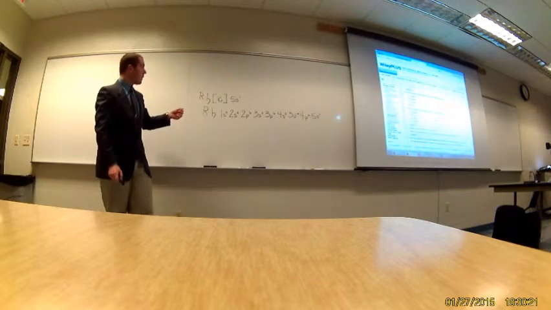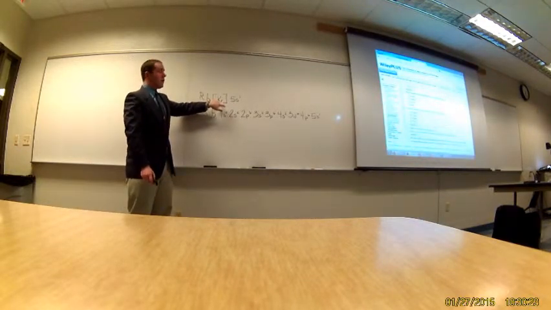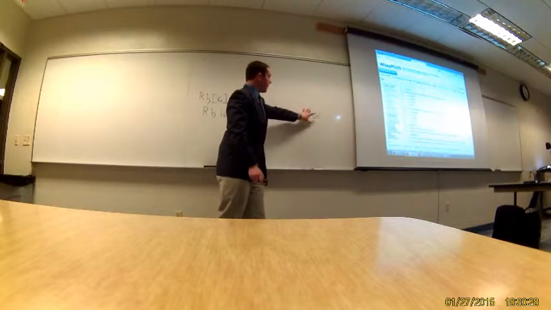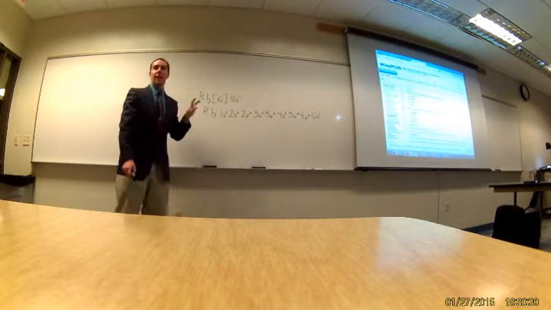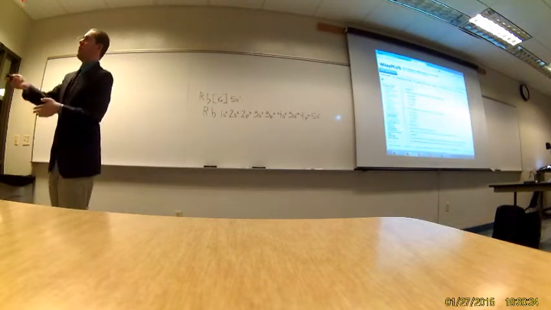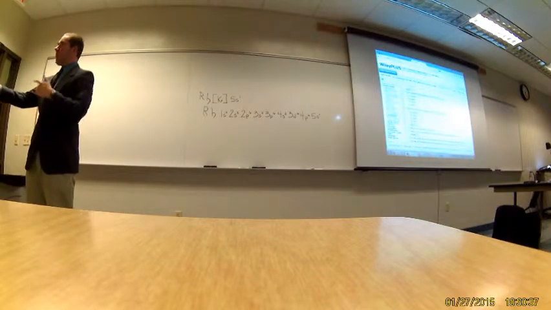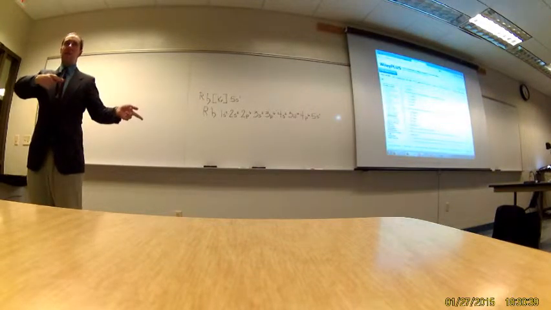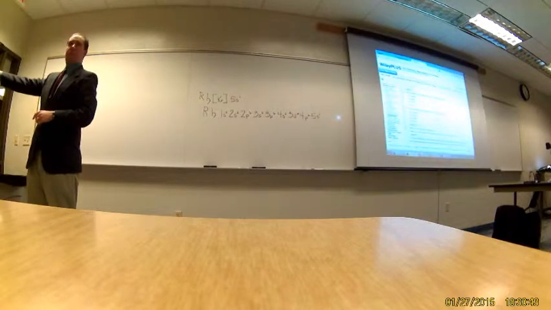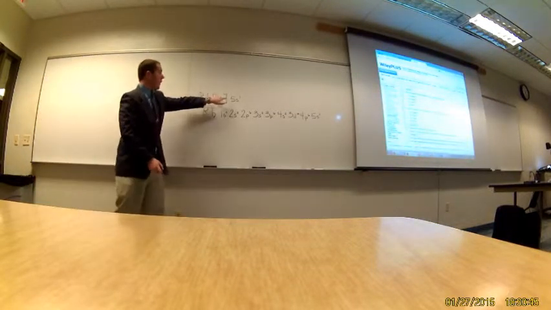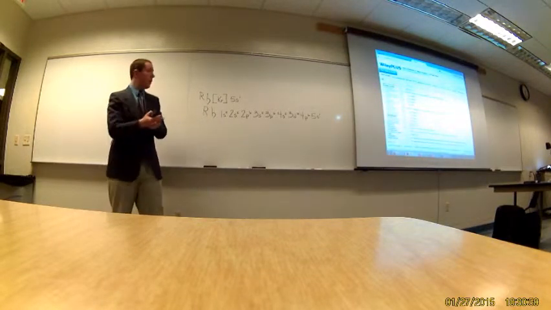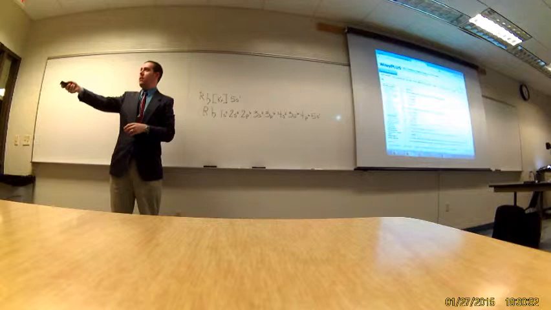This is a noble gas notation, so that you don't have to write all this. All that really matters is what's at the end. So we find our element that we're starting at, which is right here, and we go backwards until we hit a noble gas. So rubidium goes back to krypton. So we just write krypton, meaning we're starting at krypton, and then we just write what is after krypton, which is 5s1.